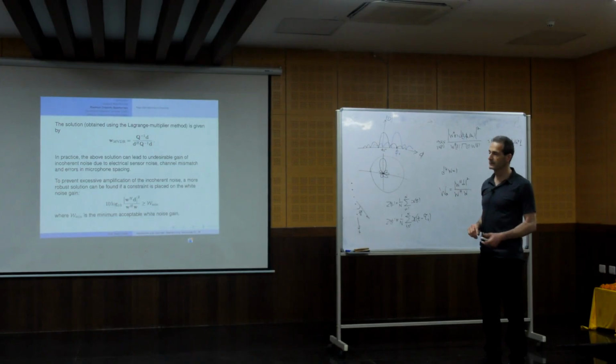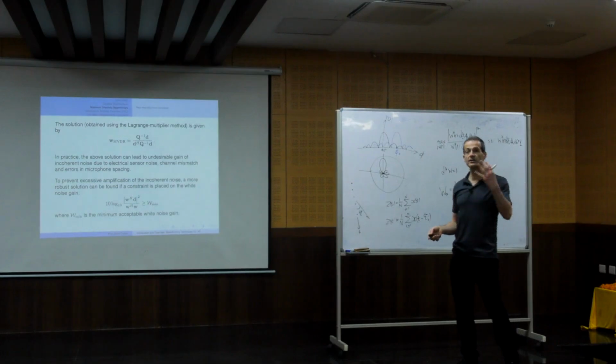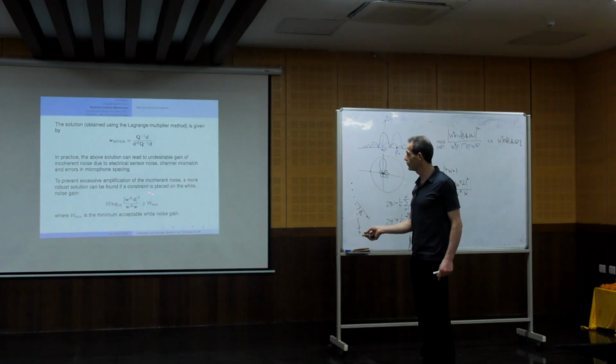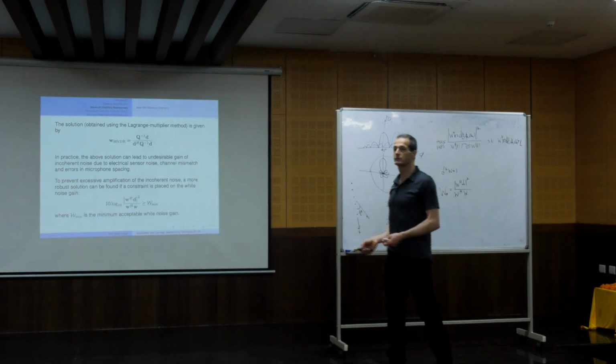Usually, in practical cases, you need to add another constraint. This will be the additional constraint, that the white noise gain is larger than a certain threshold. Sometimes this threshold may be independent of the frequency.